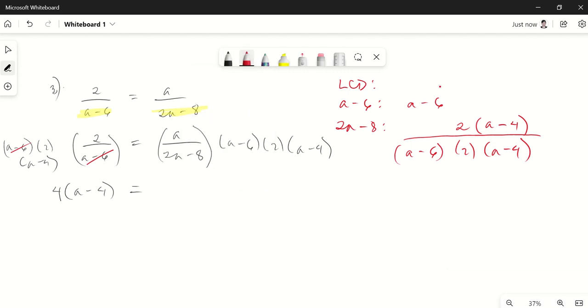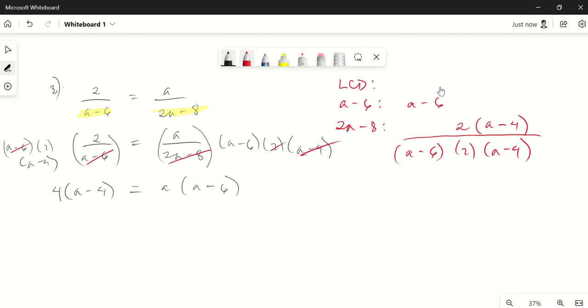On the right-hand side of the equation, take note that 2a minus 8 is 2 times the quantity of a minus 4. So that means 2 times the quantity of a minus 4 will be cancelled out. What will be left is just a times the quantity of a minus 6.